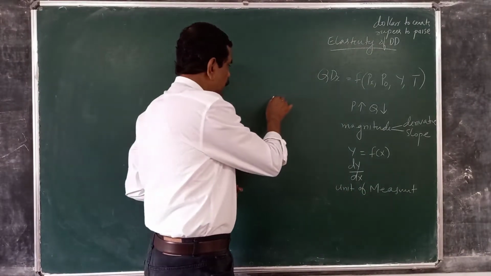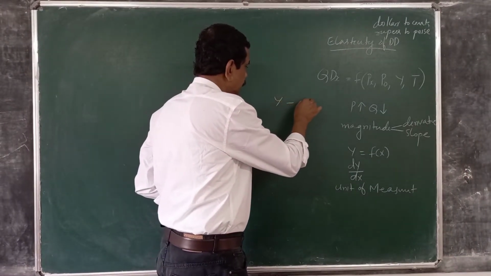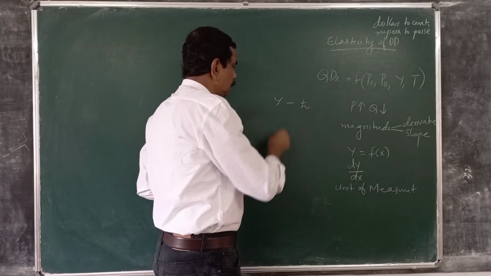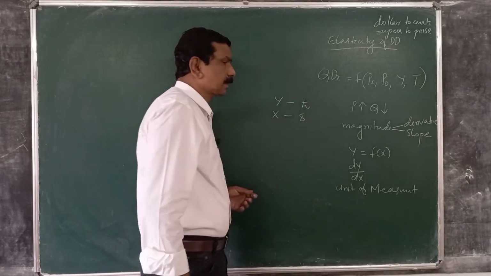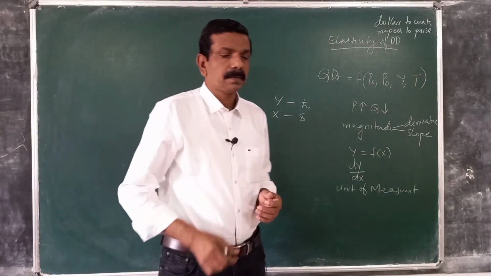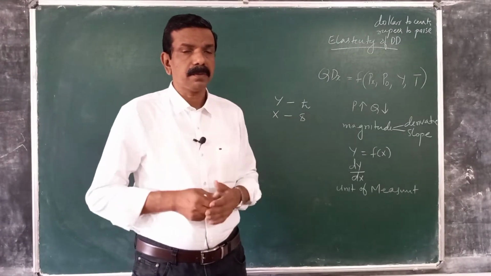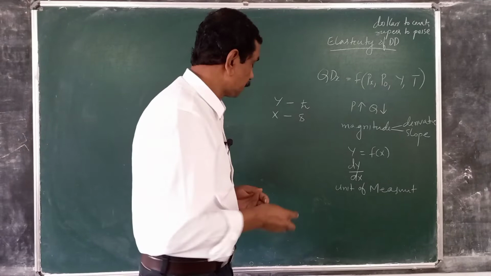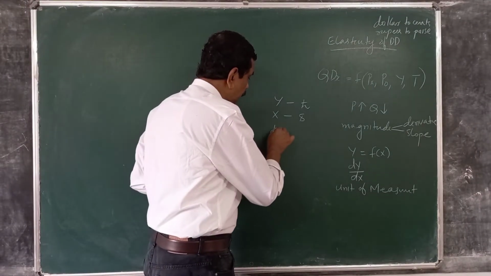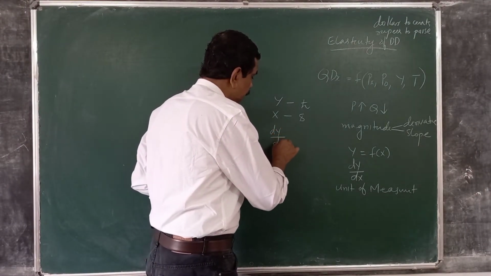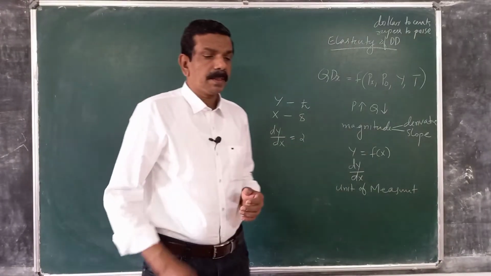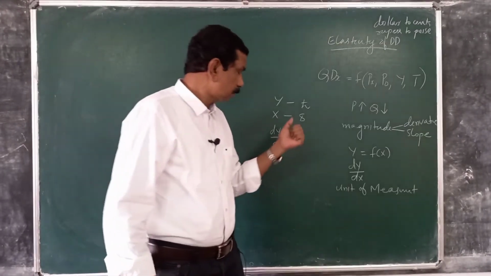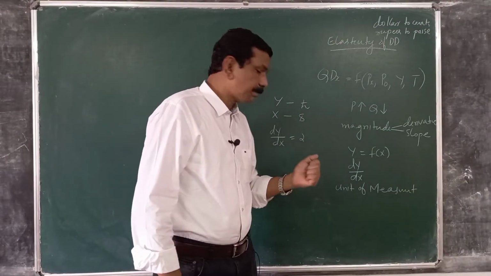Suppose that y is measured in pounds and x is measured in dollars, and also that dy by dx is 2. Dy by dx is 2 means 2 pounds per dollar.